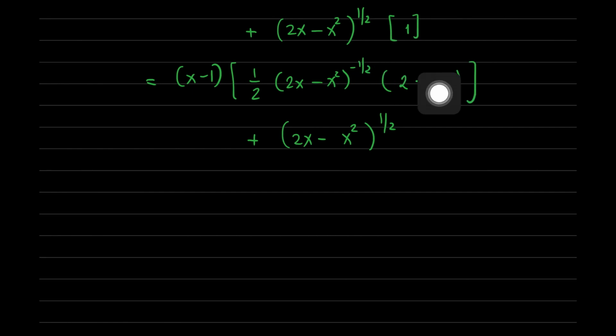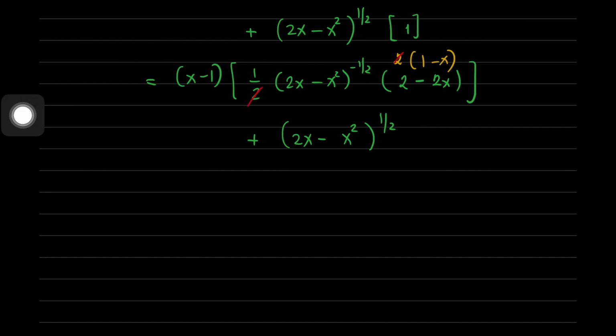Now, in this factor, we can still factor out 2, so the other factor would be 1 minus x. Now, this 2 here could cancel out with this one.